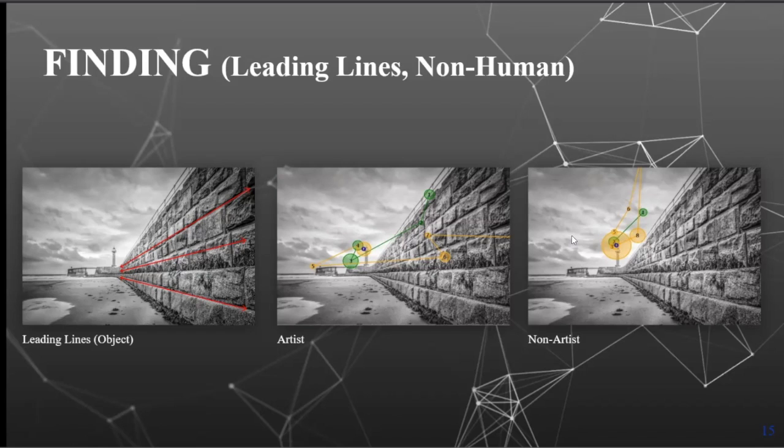But on the other hand, the non-artist person did not even bother to look at the bricks. It didn't really affect him or her. He just looked at the focal point and maybe did not even notice that there are some lines going on.